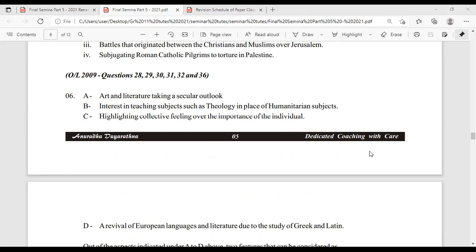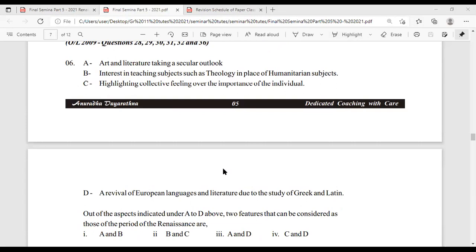Samad says 3. That means 3 means A and D. We'll see. How about the others? Amha says 3.